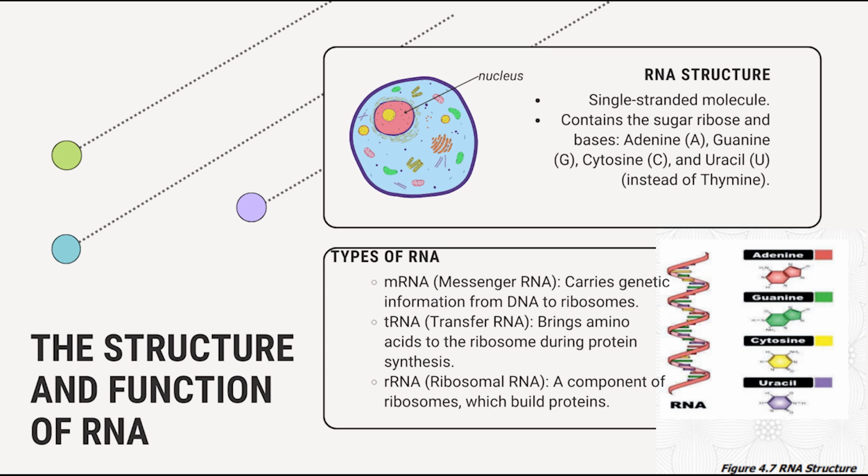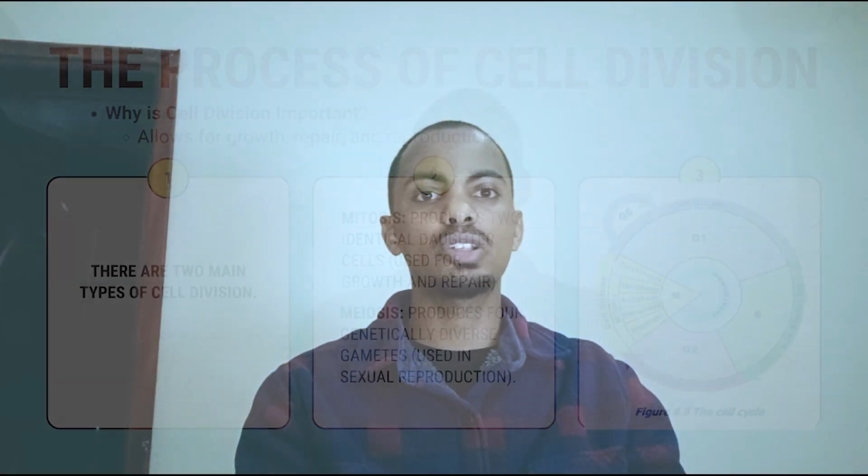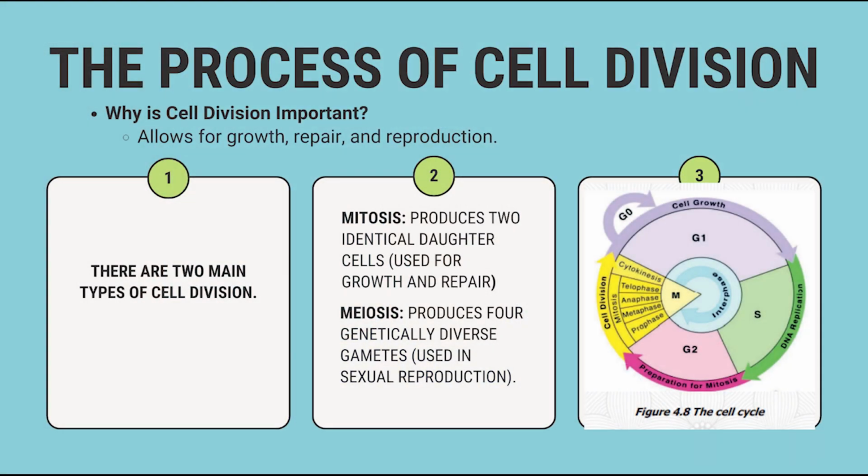The second one is transfer RNA, which brings amino acids to the ribosomes during protein synthesis. The third one is ribosomal RNA, which combines with proteins to form ribosomes, which are the sites of protein assembly. Figure 4.7 shows the structure of RNA.